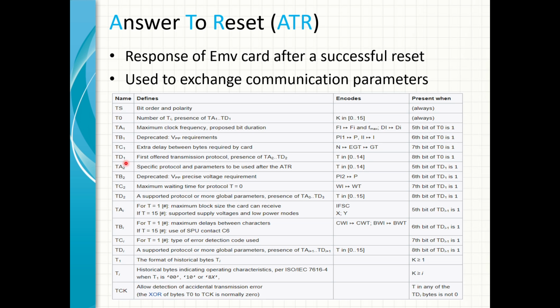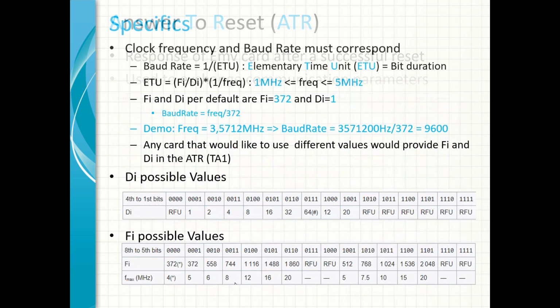So all these characters are the interface characters, but with different meanings as we go on. TA1 provides FI and DI used to determine the baud rate or the frequency. So we saw here that FI and DI are being used to calculate the ETU, that is the elementary time unit, which is also needed to calculate the baud rate.